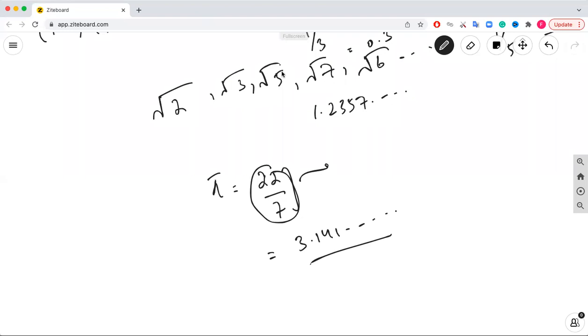This is not the exact value. The exact value is 3.1416 and so on, it is continuous and cannot be determined. 22 over 7 is an approximate value. The actual value is 3.1415 and so on. This is an irrational number, right?